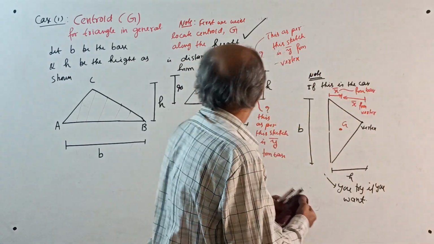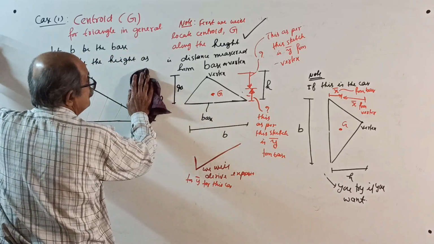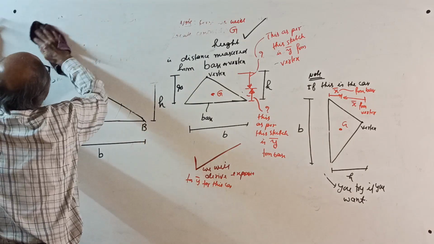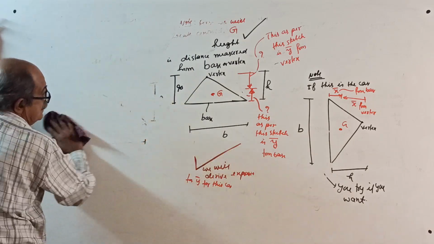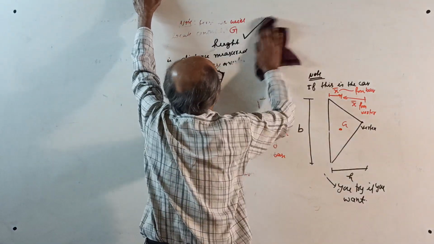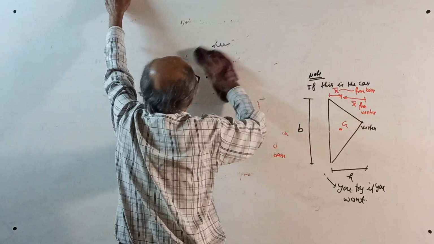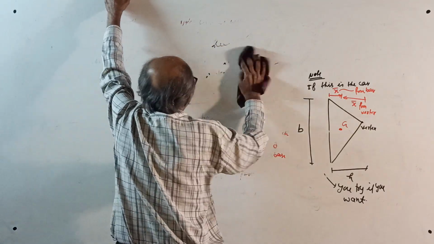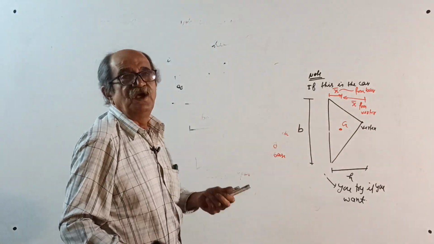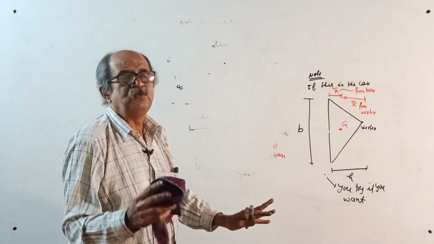One small piece of information I will give you, not a big one. There are so many derivations in structural engineering: engineering mechanics, strength of materials, structural analysis, RCC, steel, pre-stressed concrete, matrix method, finite element method. In my entire teaching, I never bother about proof.